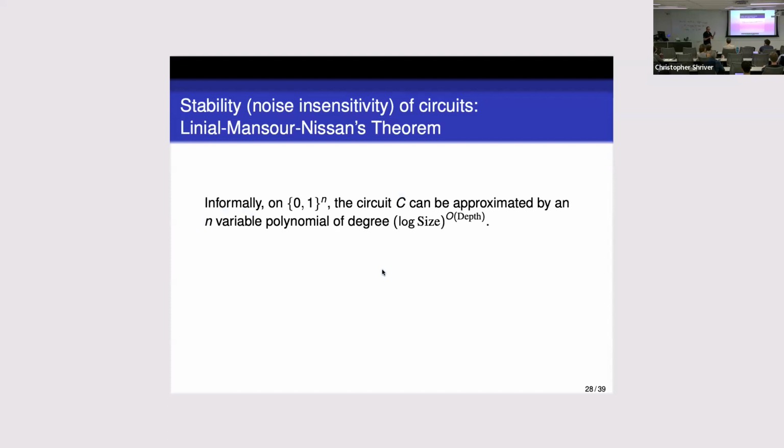Here's an informal interpretation of the statement. Just to remind you what we're dealing with, we have a circuit. Let's think of it as a function from 0,1 to the capital N, with images not the bit strings but any values in R. So it's a univariate circuit.